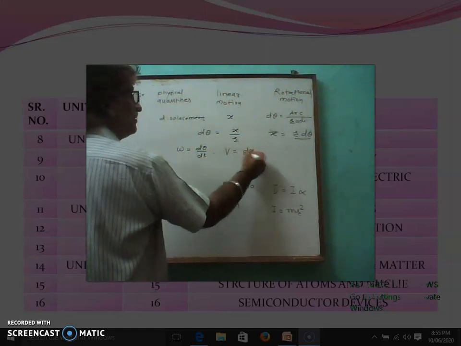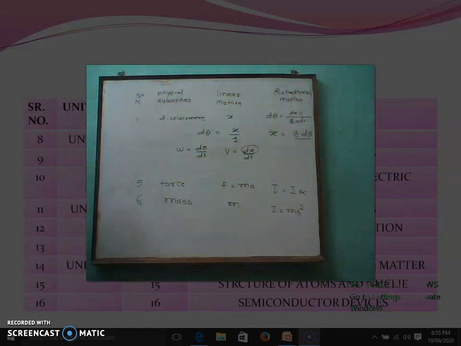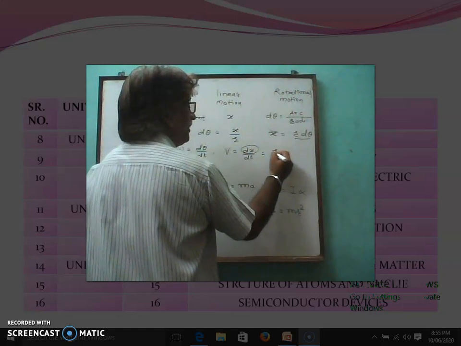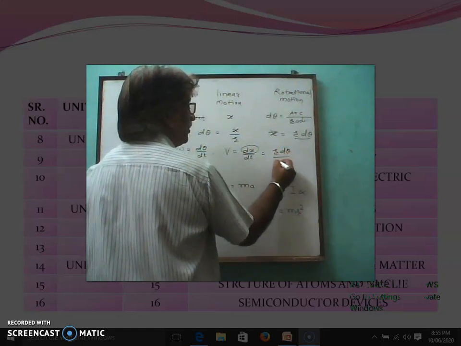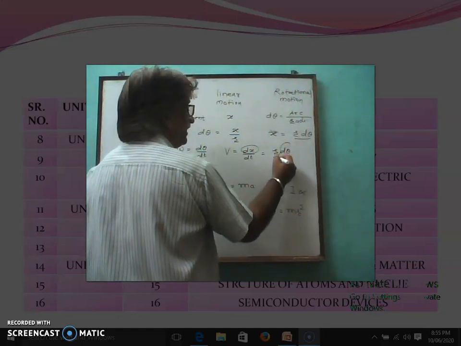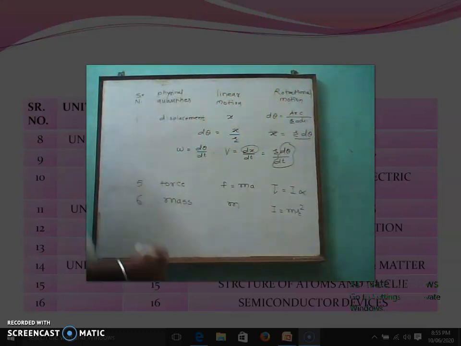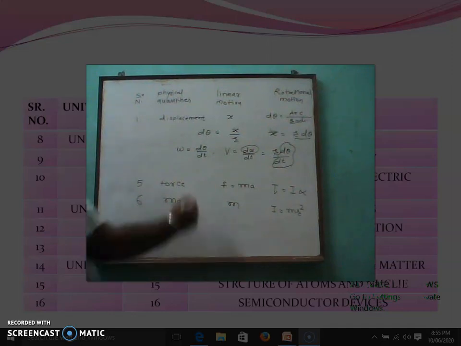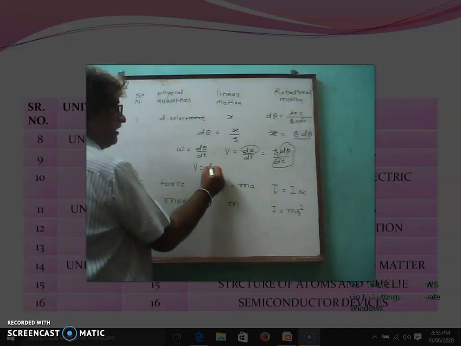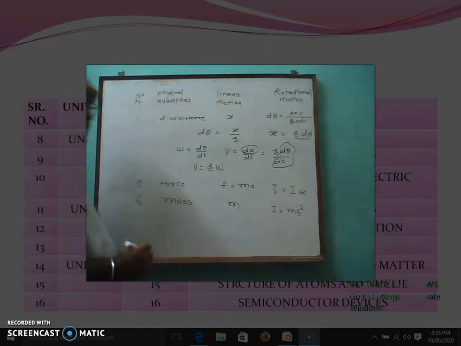If we substitute the value of dx, it becomes r d theta upon dt, and r into d theta upon dt is nothing but omega. So the second relation will be v equal to r omega. This important relation can be seen.